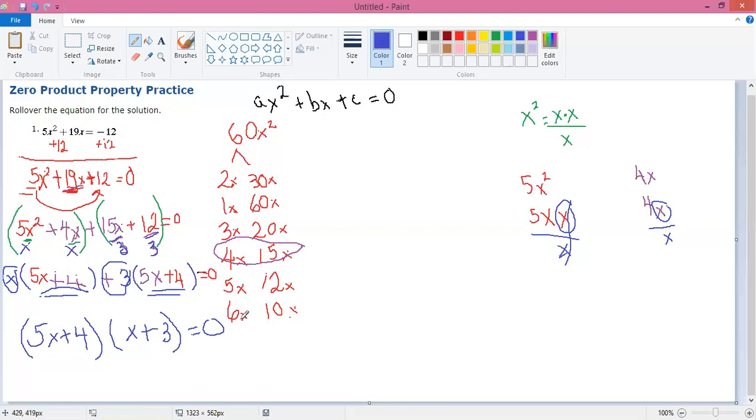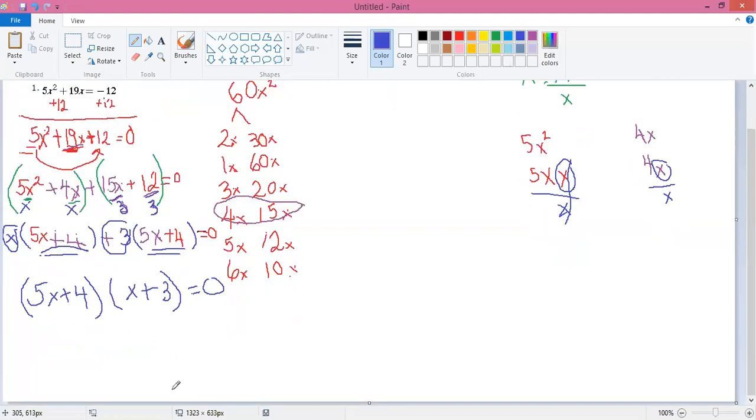All right, so now this is when you use the zero product property to solve it. I'm going to split it up. So I'm going to say 5x plus 4 equals 0. And then I'm going to say x plus 3 equals 0. These are two different equations. I'm going to solve for x.